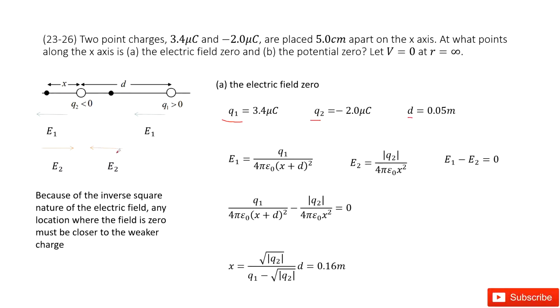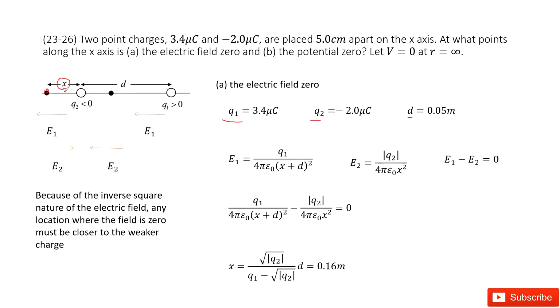Now you can see where it can be 0, so that means these two vectors E1, E2 cancel, so it must be at this region, right? Just at this region, the left side of Q2. Agree? Yes. And then we consider this distance as x, right?